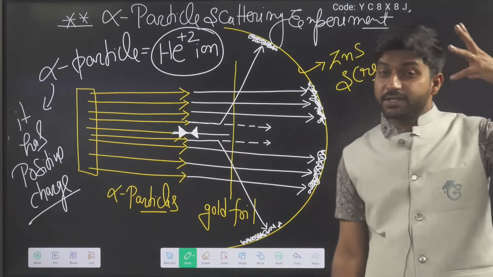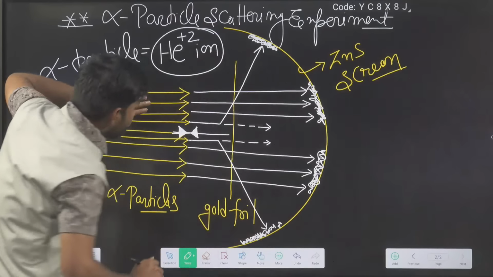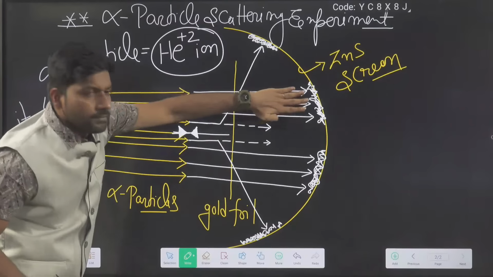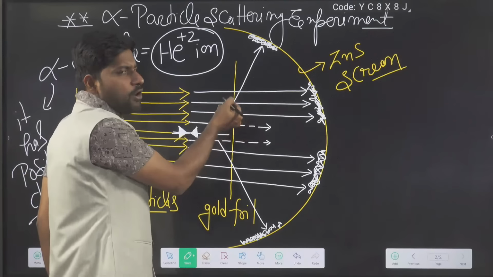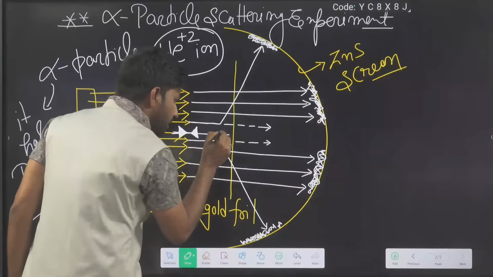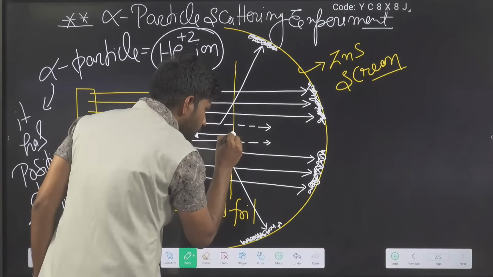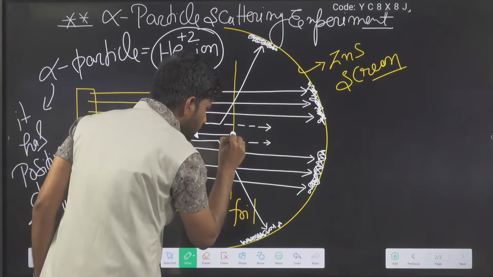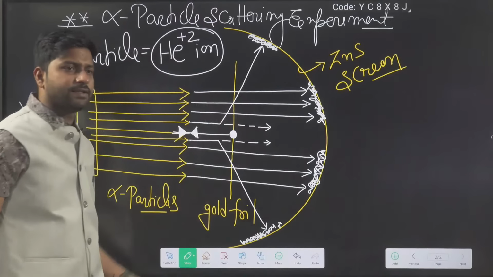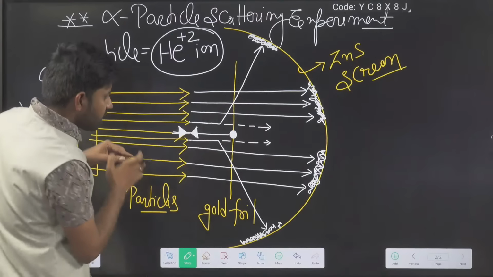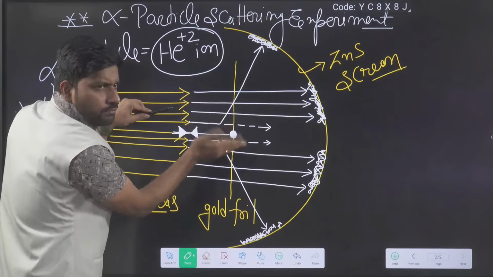Just use common sense in your mind. These went straight, which means on this side positive charge was not available. But near this point, assume in your mind that something is here like this, and it has some charge. We don't know whether positive or negative.